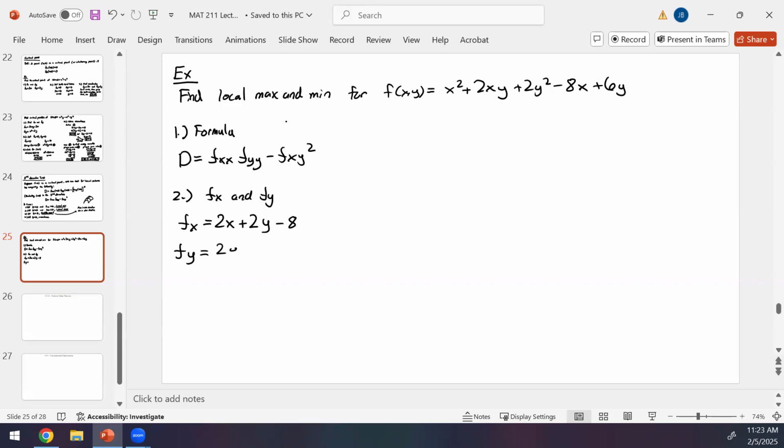2xy becomes 2y, and then 2y squared becomes, whoops, common mistake that is made here. The derivative of 2xy with respect to y should be 2x.